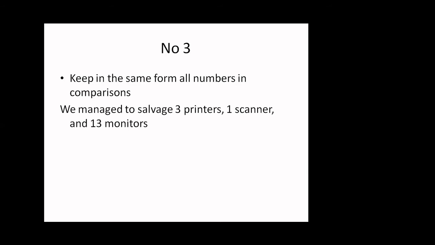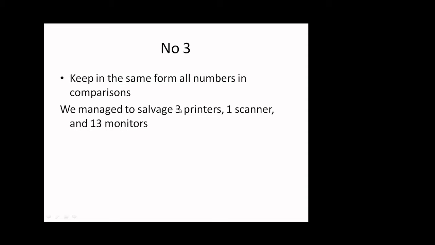Okay, we'll just see the next rule. The third rule is keep in the same form all numbers in comparison. Now in a sentence, you are comparing two or three numbers. For example, they have given us here: we managed to salvage 3 printers, 1 scanner and 13 monitors.